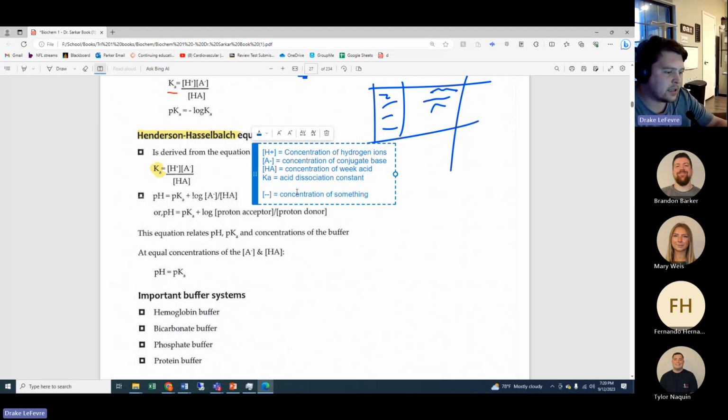If it's a weak acid, not as many hydrogens will come off and you're left with a higher concentration of the weak acid remaining in the solution. If it's a strong acid, more hydrogens come off and you have a much higher concentration of hydrogen ions. The acid dissociation constant is something you can solve by having all of these numbers.